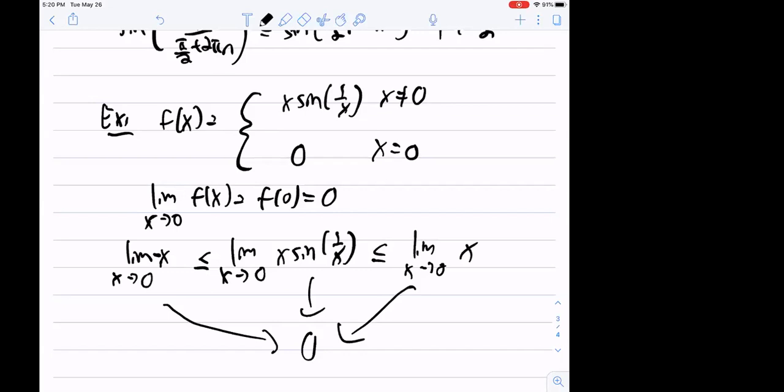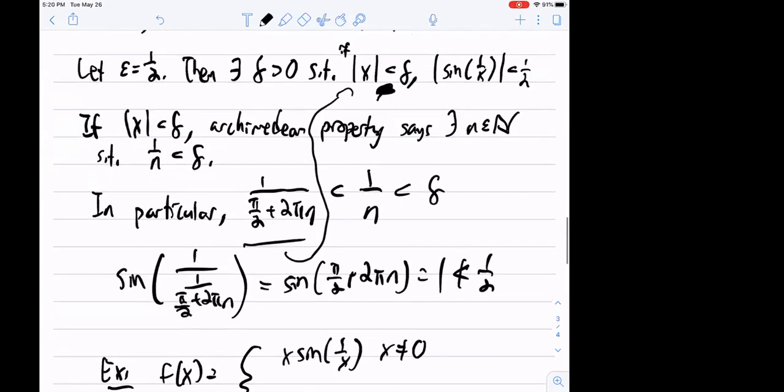I have a question. Yeah. So you use the Archimedean property in order to show that the number you choose can be arbitrarily small, right? Yeah, pretty much. So you choose an n, and you formulate this guy, which is even less than 1 over n.